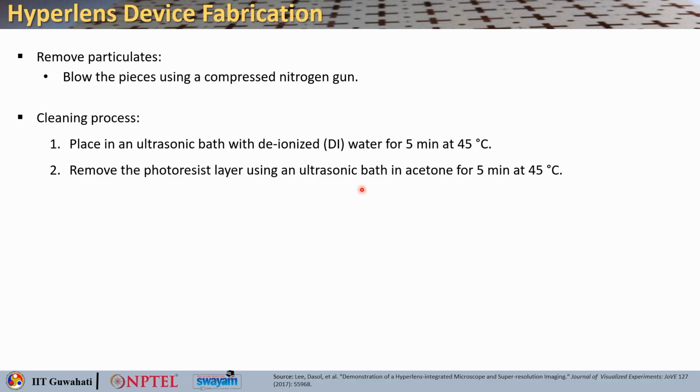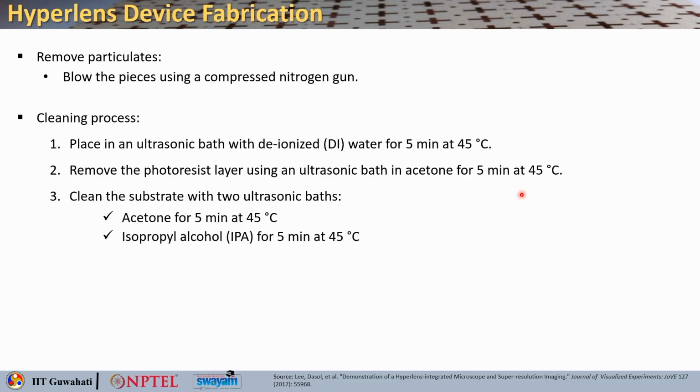Then you use the ultrasonic bath again, this time in acetone for 5 minutes at the same temperature, 48° centigrade. So, finally, you clean the substrate with two ultrasonic baths.